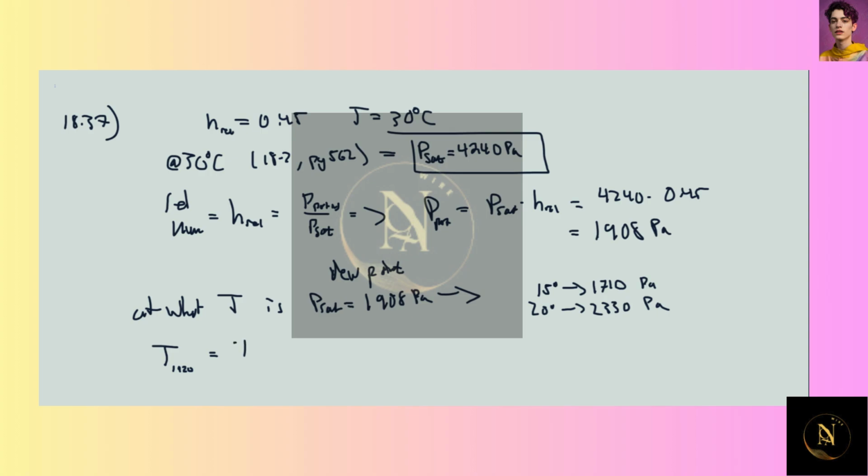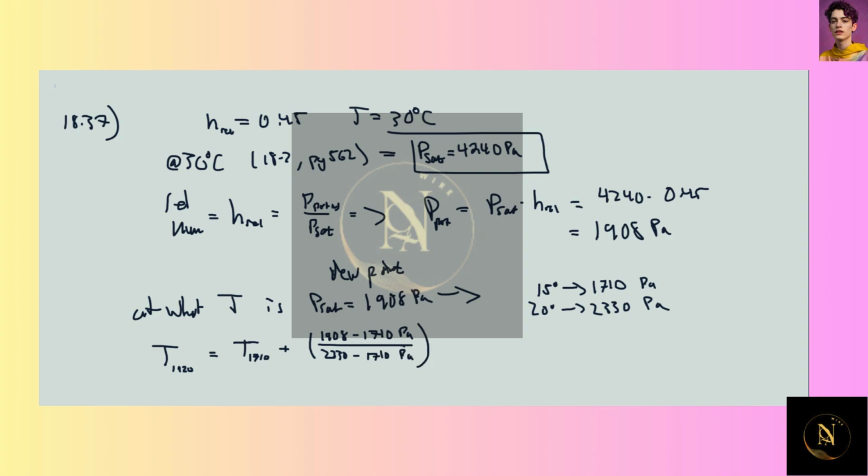And to do that, we take the temperature before it, the closest step before it, which is 15. So this is the temperature at 1710 pascals. And we add on our slope factor, which is 1908 minus 1710 pascals over 2330 minus 1710 pascals.